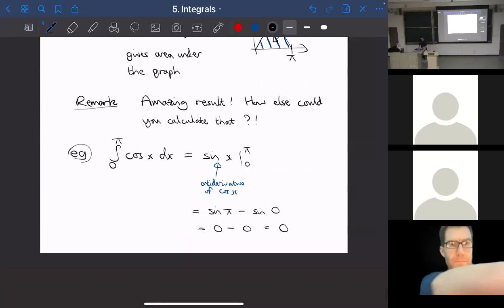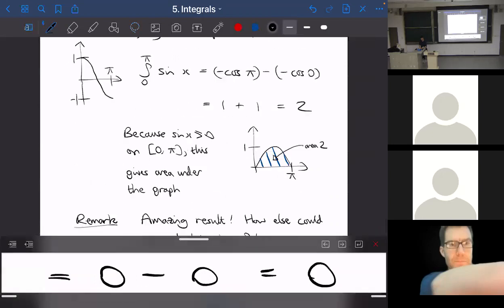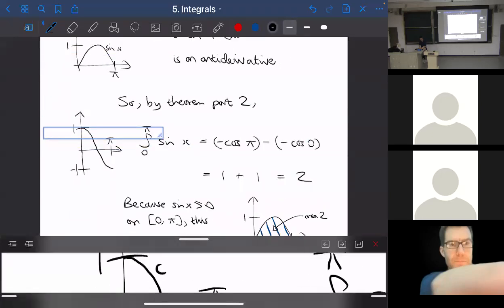So what are we seeing here? Well, again, let's reuse this graph. So this is sine x, and this is cos x.